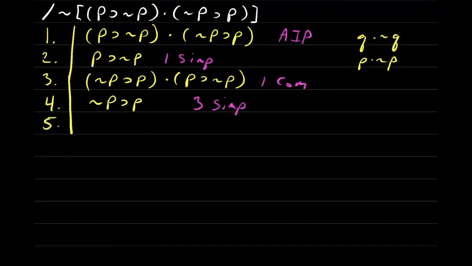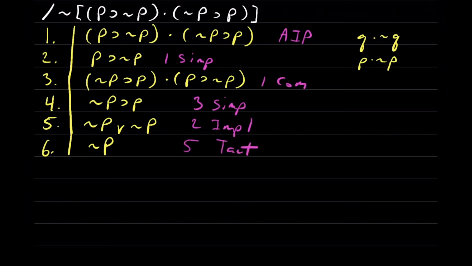What I notice is that on line 2, I've got P implies not P, and by implication, that'll give me not P or not P. So that'll follow from line 2 by implication. And then by tautology, I know I can get not P now. That'll follow from line 5 by tautology.